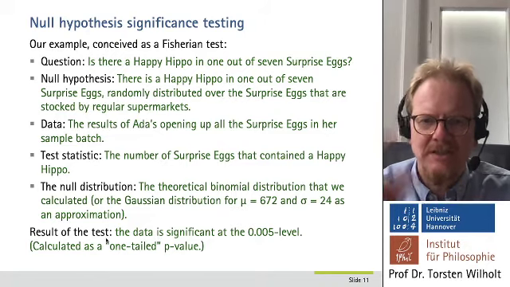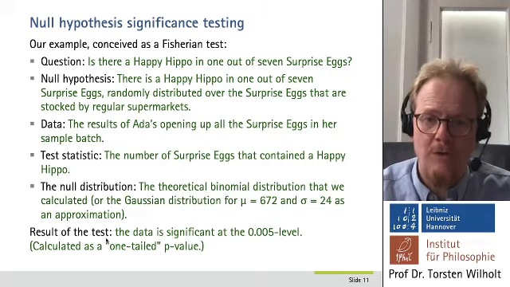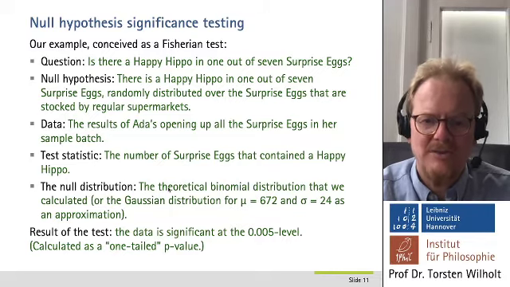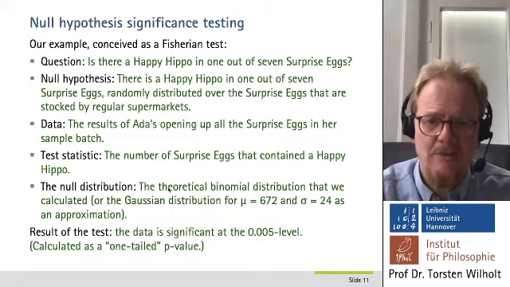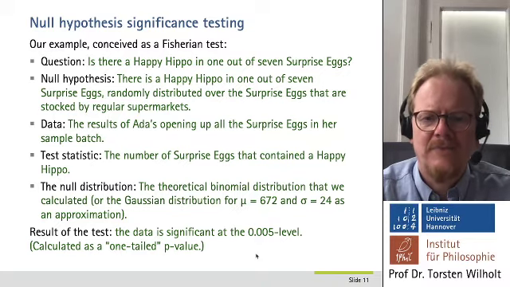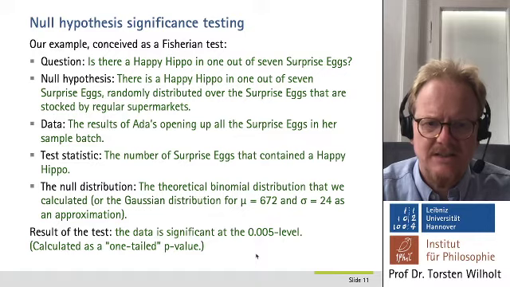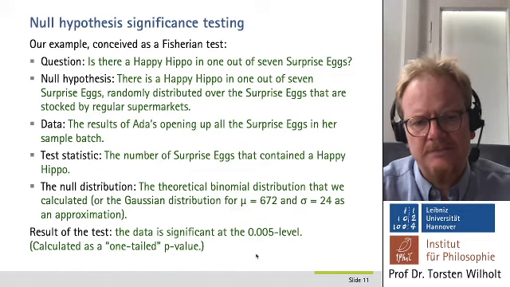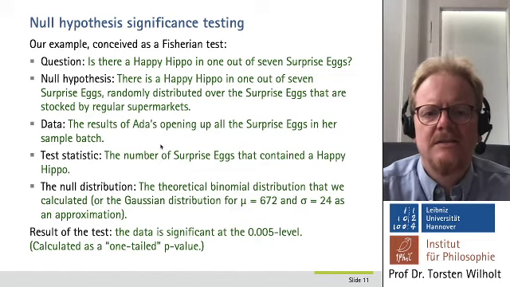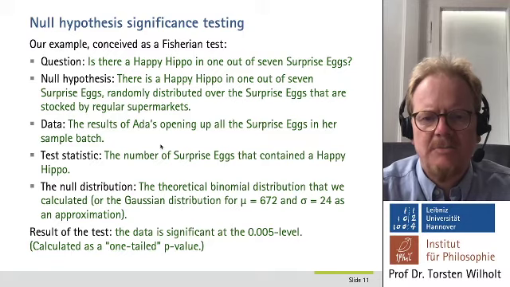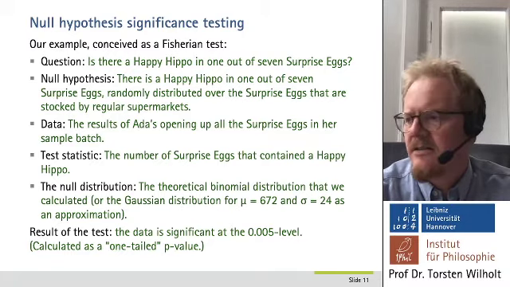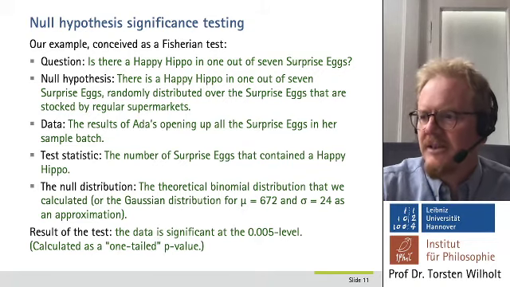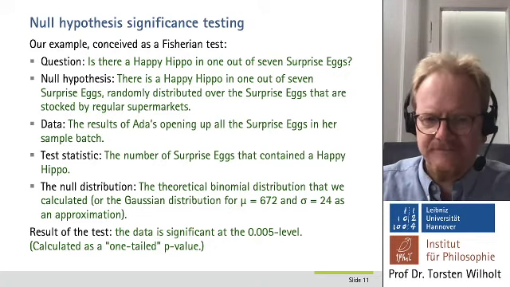So we're not considering results where you get more happy hippos than within 2 standard deviations. We are just considering the possibility of getting... I'm sorry, I meant 3 standard deviations.